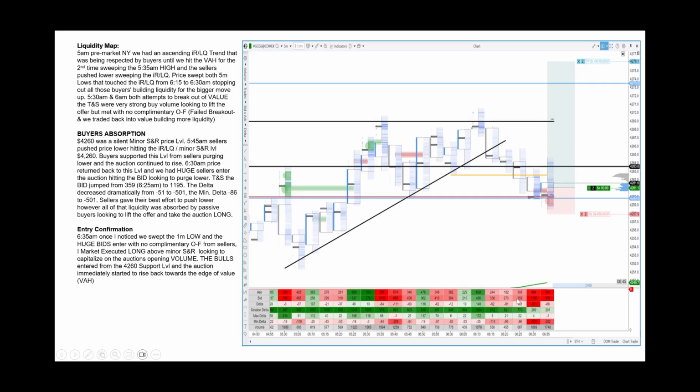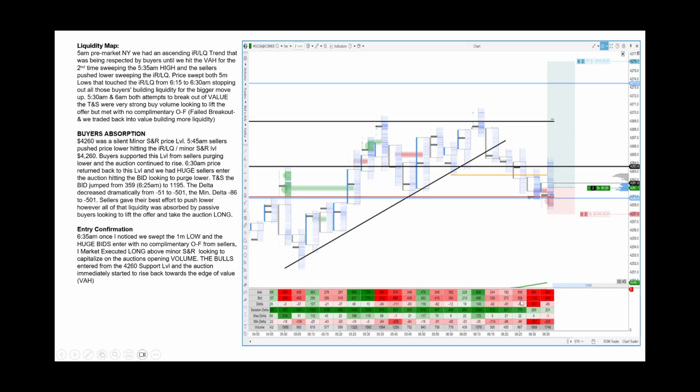So the bid jumped from 359 to 1195. A huge amount of sellers entered this auction, looking to purge this low and break underneath this minor support and resistance level, 42.60.